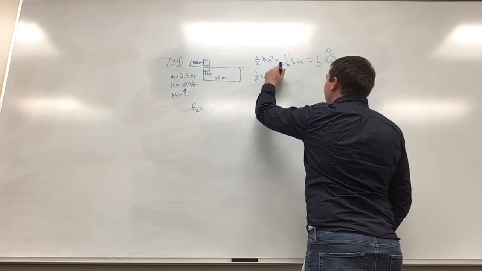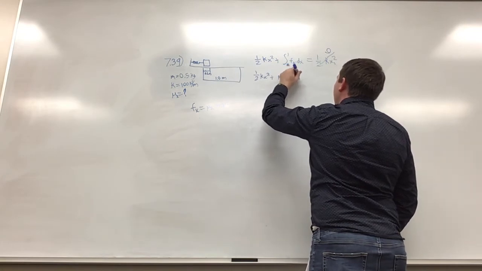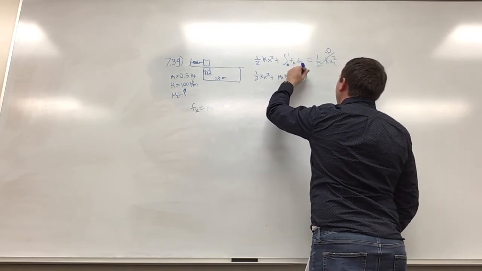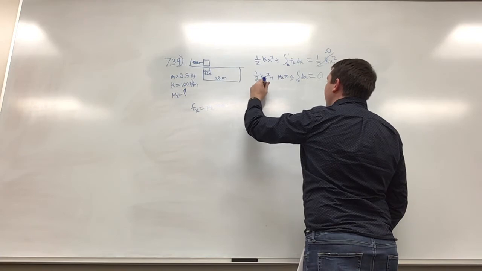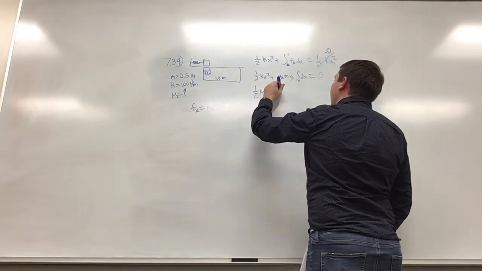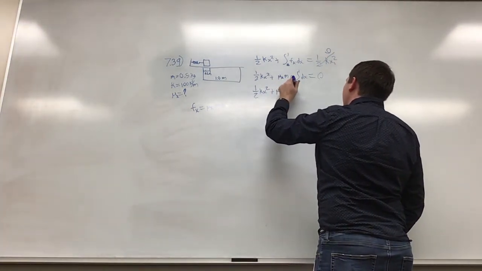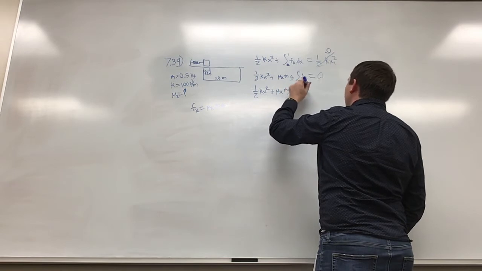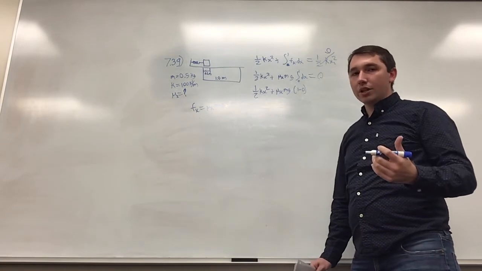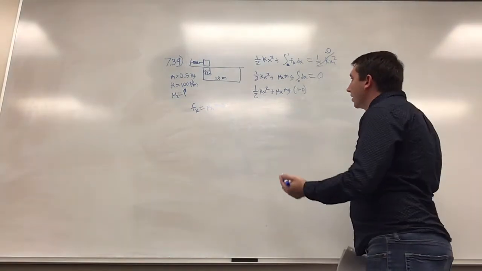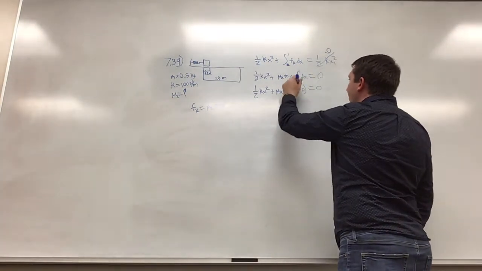So you have coefficient of kinetic friction times mass times gravity times the integral from 0 to 1 dx is equal to 0, which is then 1/2 K x squared plus coefficient of kinetic friction times mass times gravity times 1 minus 0, because that's x evaluated from 0 to 1, because there was no x in the integral. This is just going to be equal to 1.